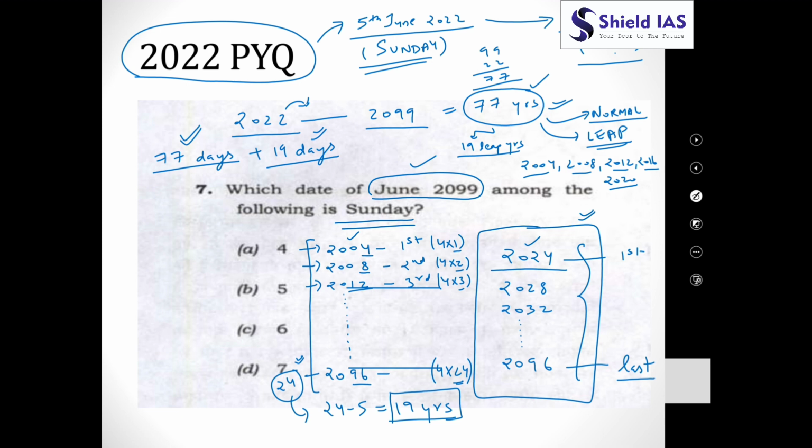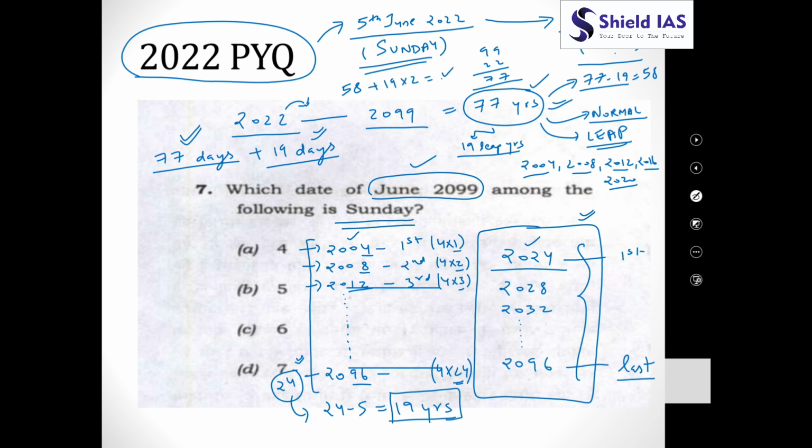Another way you could have resorted to is to calculate the number of normal years: 77 minus 19 would have come to be 58. Then 58 is the number of normal years. You will add 58 days plus 19, and every leap year is counted twice.